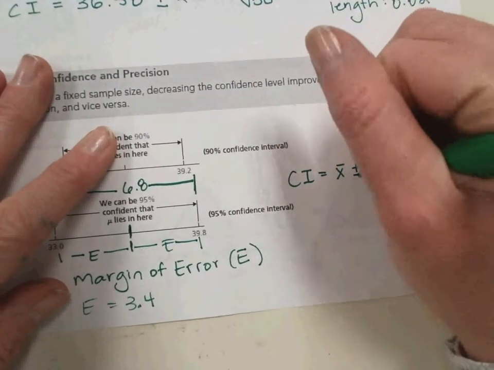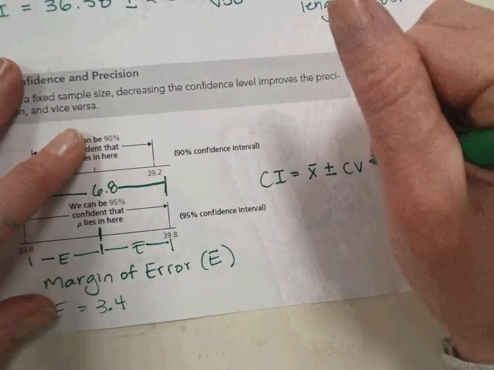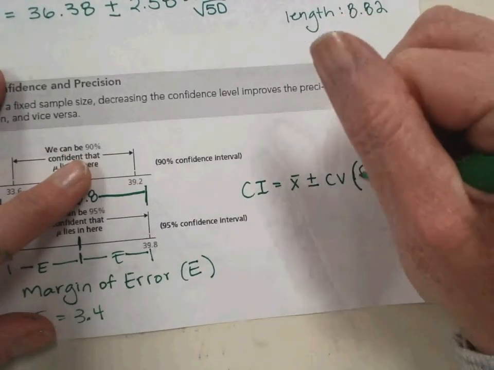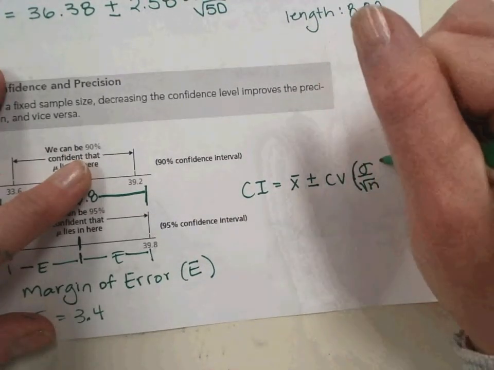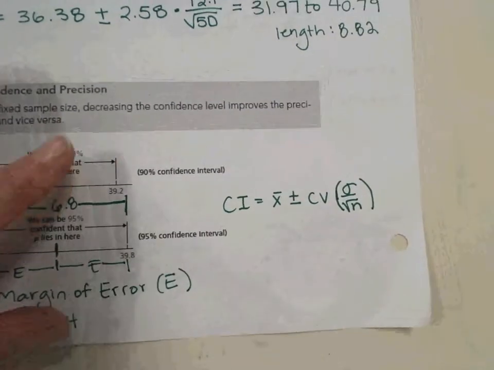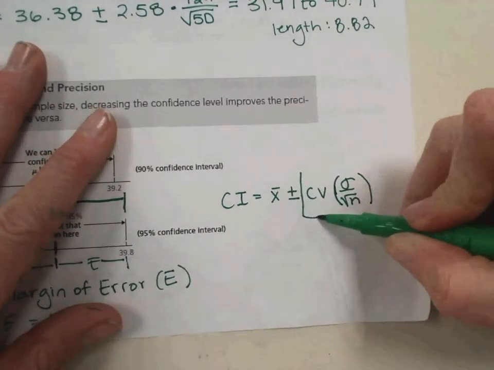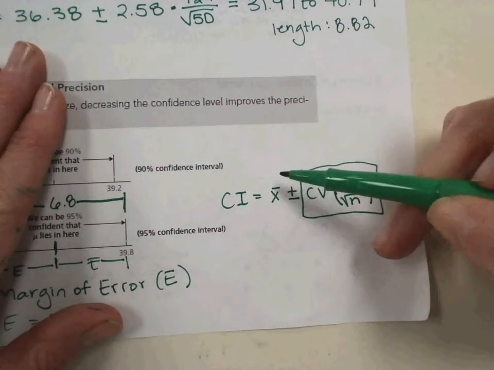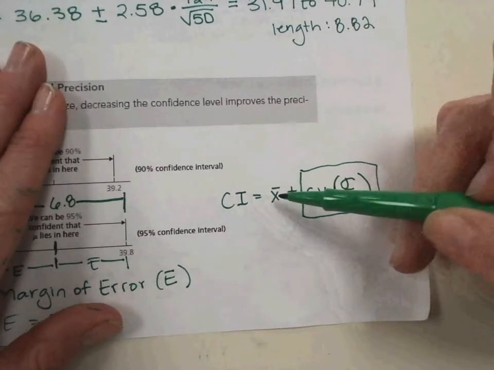Also, in our confidence interval equation, CV times sigma over radical n, that's this part right here.